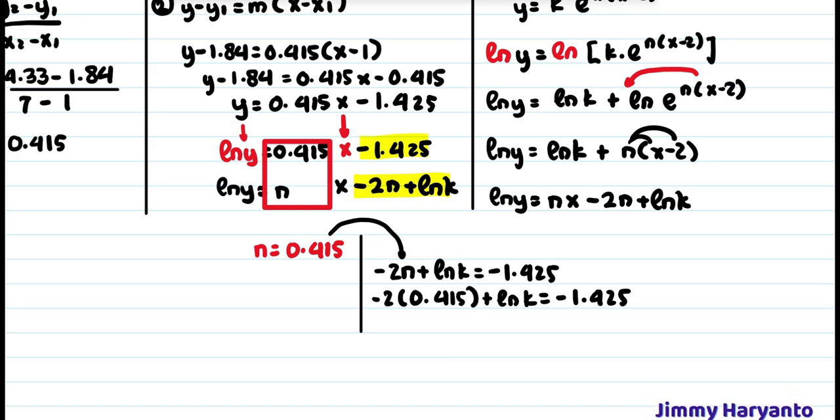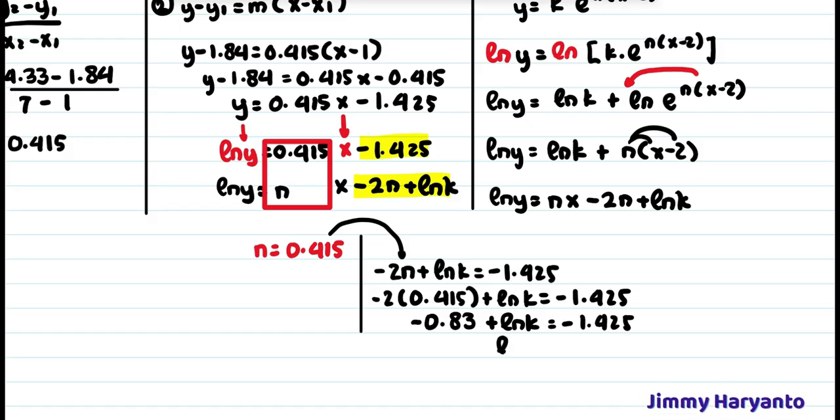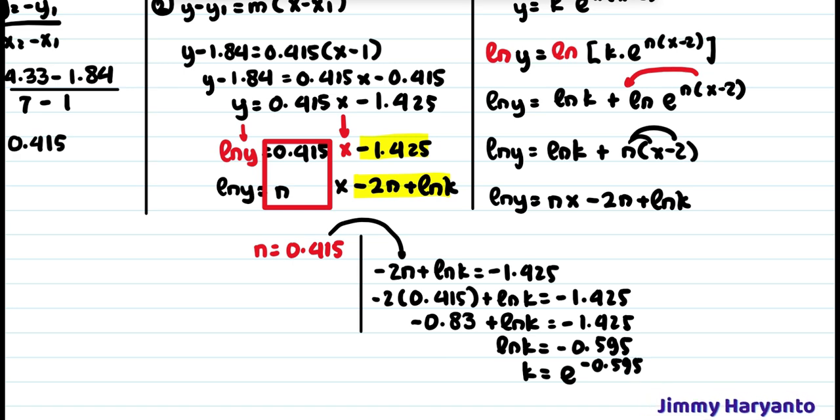Negative 2 times 0.415 equals negative 0.83, plus ln k equals negative 1.425, and then ln k equals negative 1.425 plus 0.83, negative 0.595, and then k equals e to the power of negative 0.595.